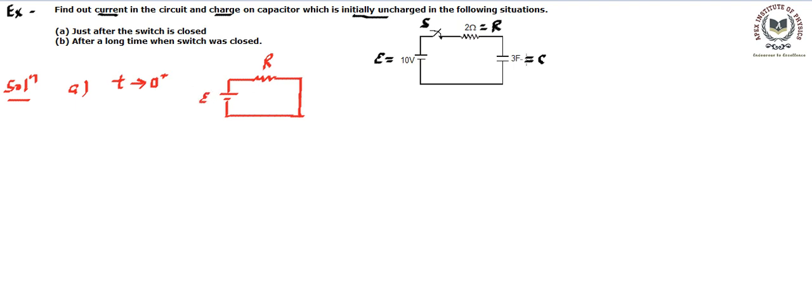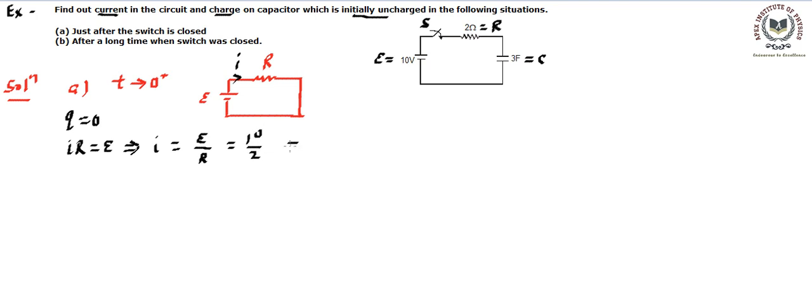So how much is the charge? Can we say the charge is going to be 0? There is no charge initially, hence just after closing you will get no charge coming in. Moreover, how much current is going to flow? Yes, current is going to be there, and by using the loop law, IR is going to be equal to E. So I is going to be equal to E divided by R. E is given as 10 volt, R is 2.